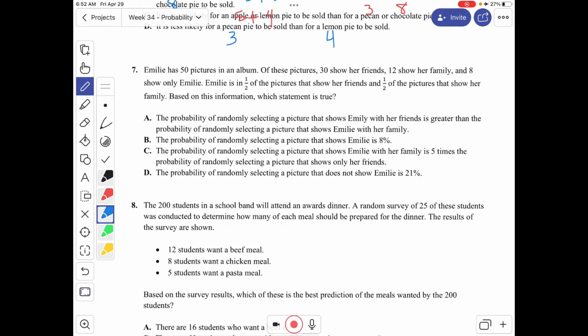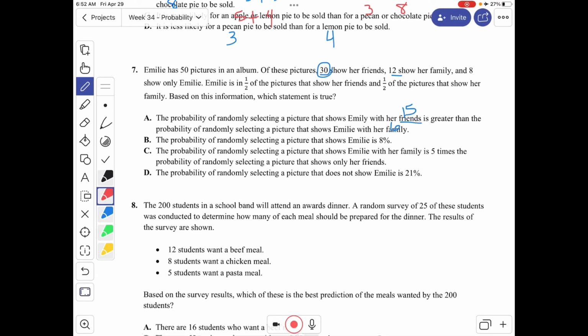Well, how many did Emily have with her friends? She's in half of 30, that would be 15. And she's in half of the family, which is 12, so that would be 6. Is 15 greater than 6? B says the probability of randomly selecting a picture that shows Emily is 8%. 8% is not a very big number.